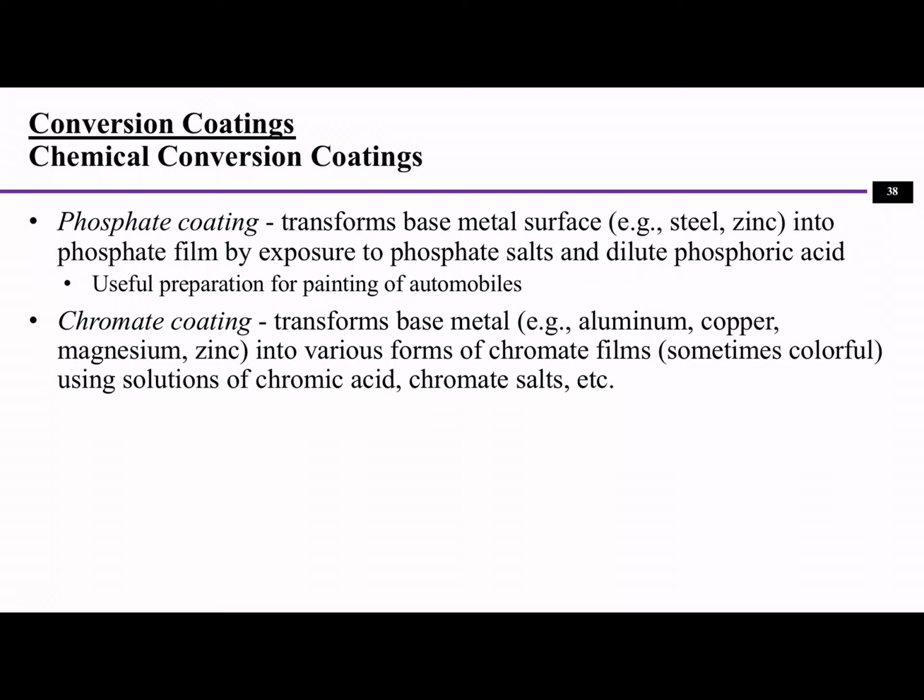When we do those coatings, we expose the metal surface to a phosphate salt or dilute phosphoric acid, while chromate coating uses chromic acid or chromate salt.